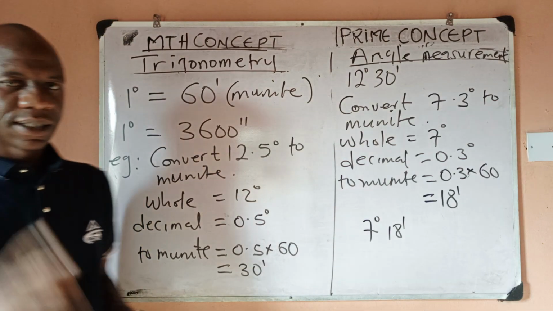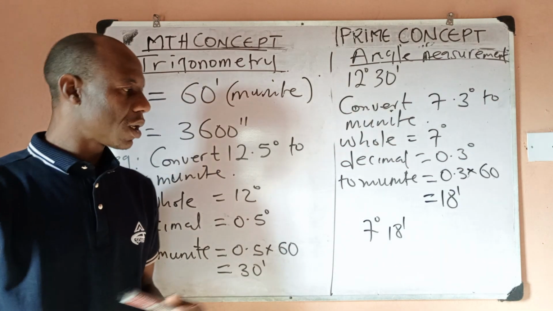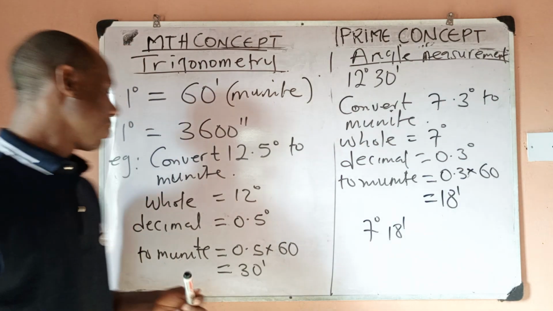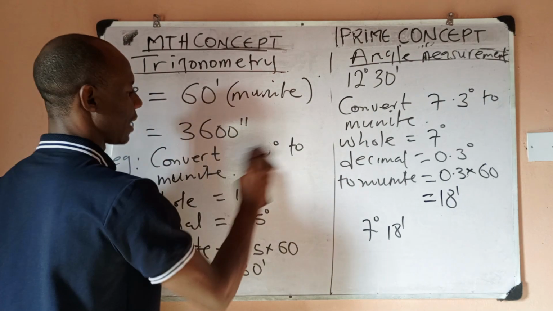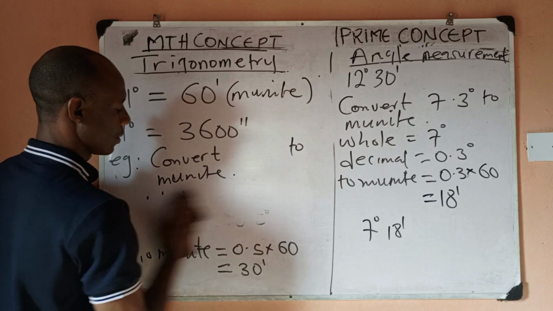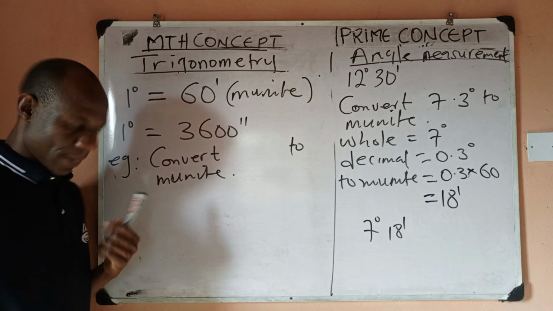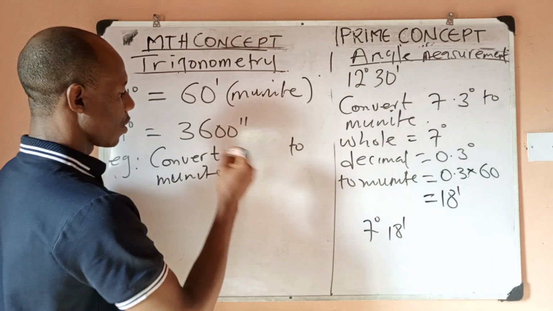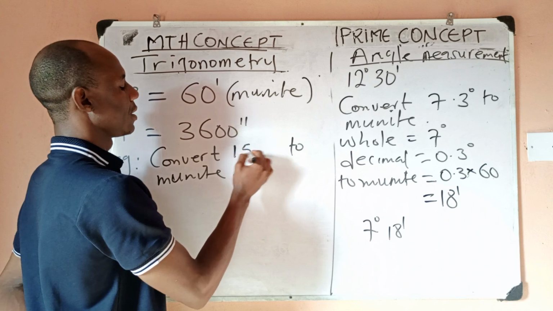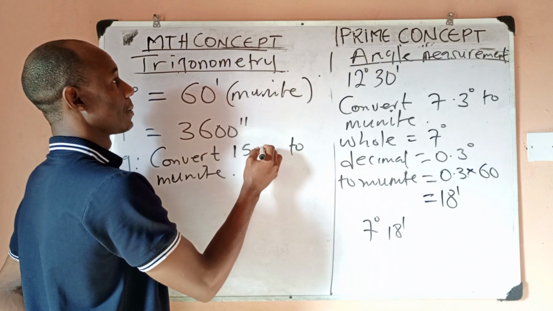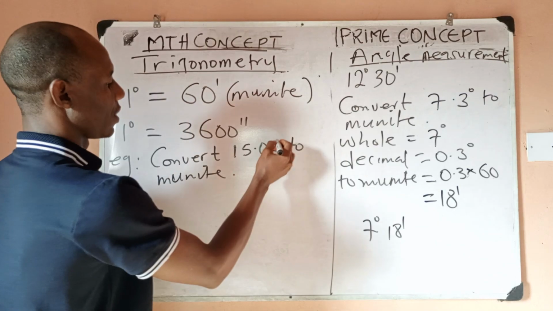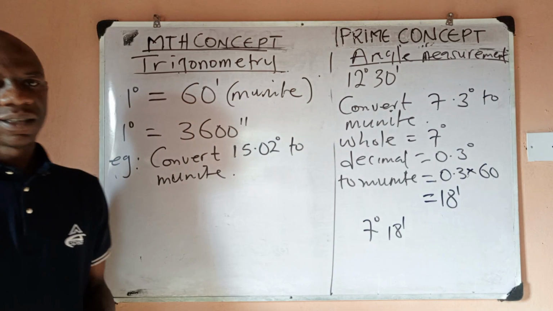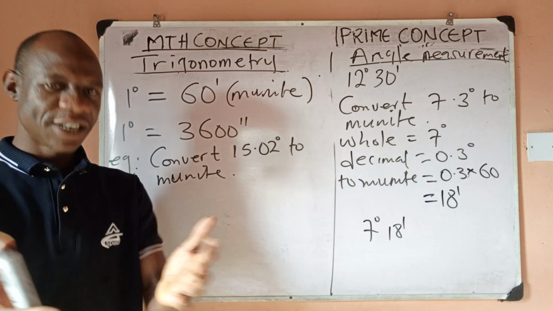Somebody may ask, what if you have more decimals? For example, I want to add one more. Say we have something like this. They want us to convert, let's say, 15.02 degree to minutes. It's still the same storyline, very simple.